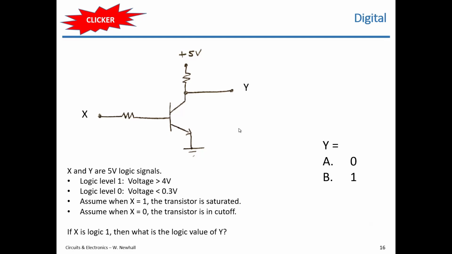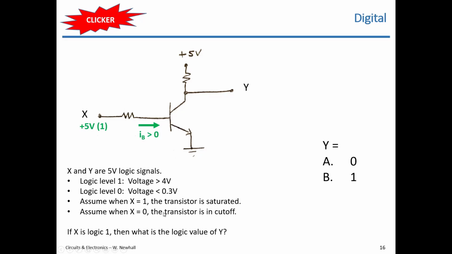All right, so let's work on this. If X is a logic level 1, which is 5 volts, that means we have base current flowing into this transistor. So IB is greater than 0. We're going to assume that this base resistor is designed such that it would cause that transistor to saturate.